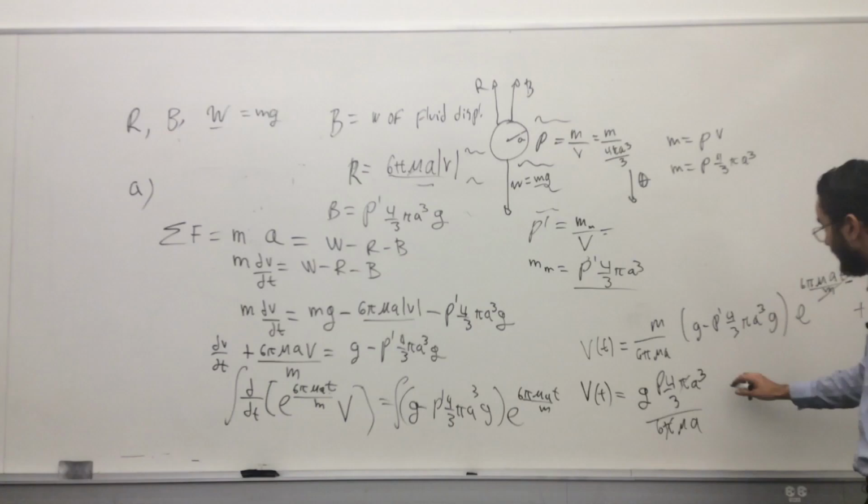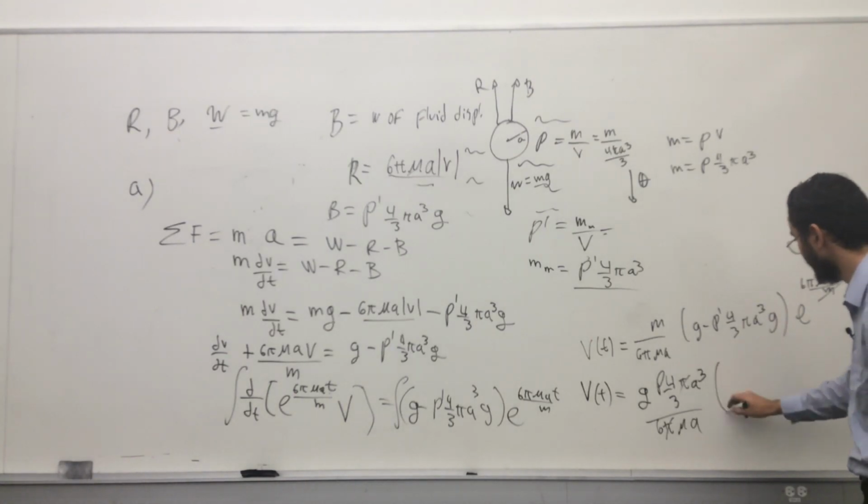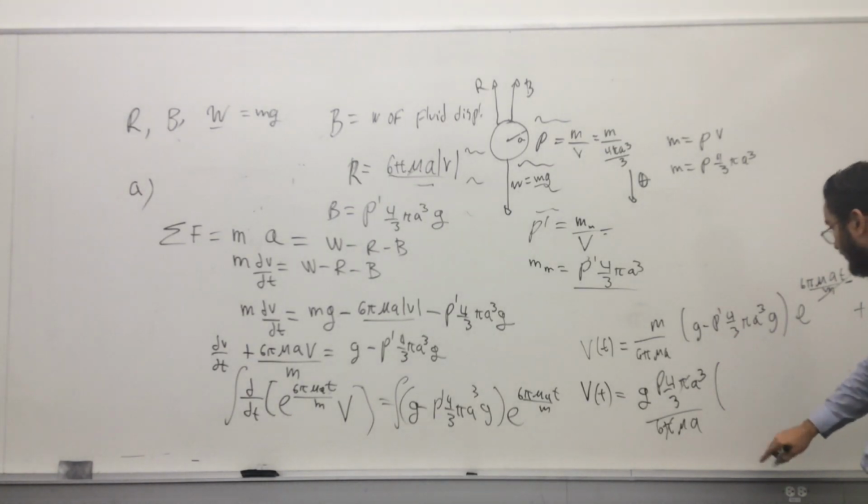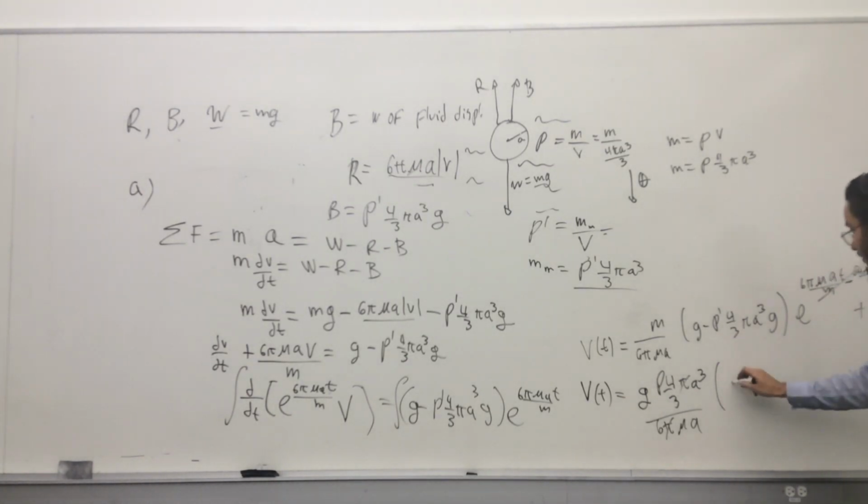And then all of this multiplied by, not g, but 1 minus rho prime 4/3 pi a cubed. And then plus c e to the negative 6 pi mu a t over m.